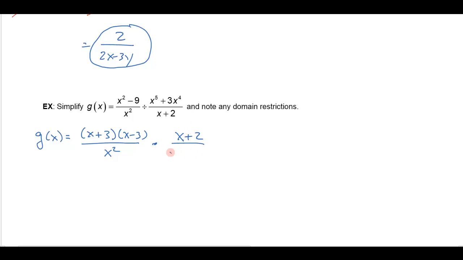I've got a common factor of x to the fourth I can factor out there. All right, and looks like this x plus 3 will cancel, and so this ends up equaling, I'm going to get an x minus 3 in the numerator. I've got an x plus 2 there, and it looks like I've got an x to the 6th power in here.